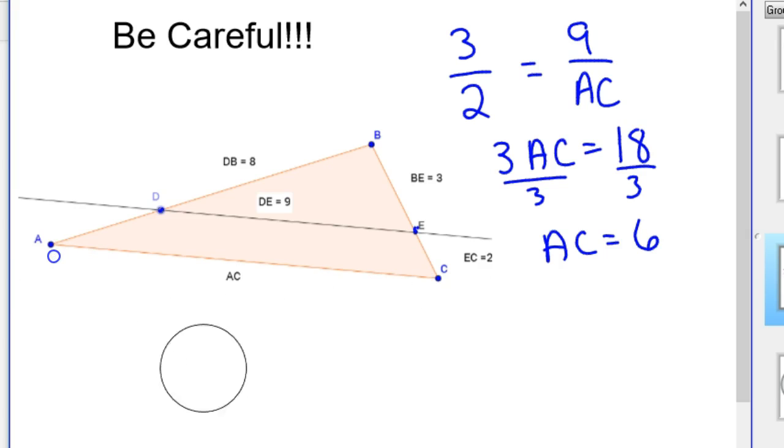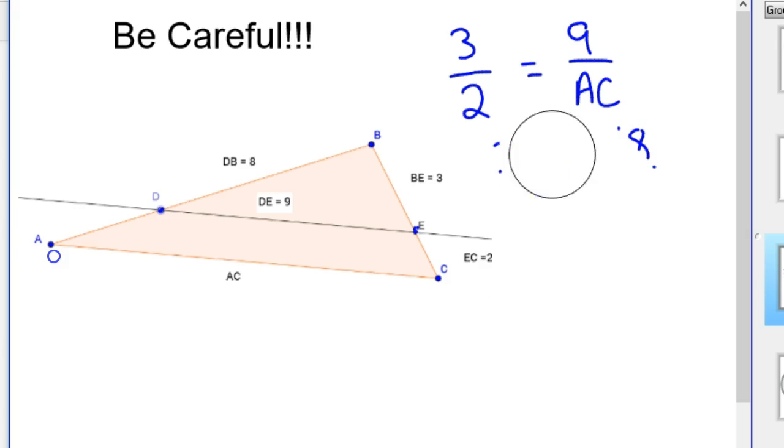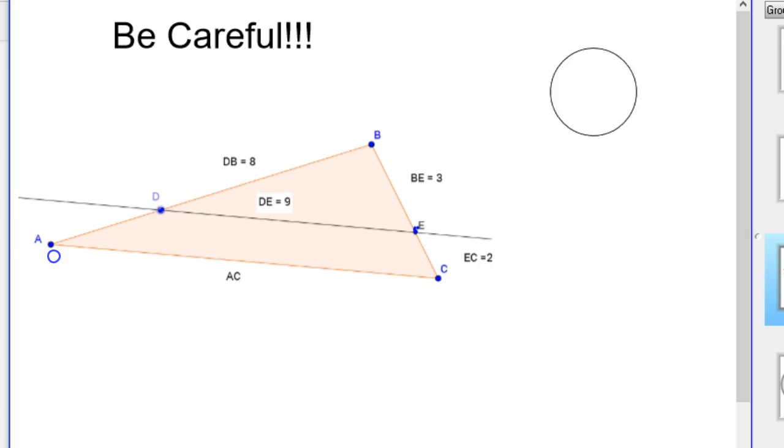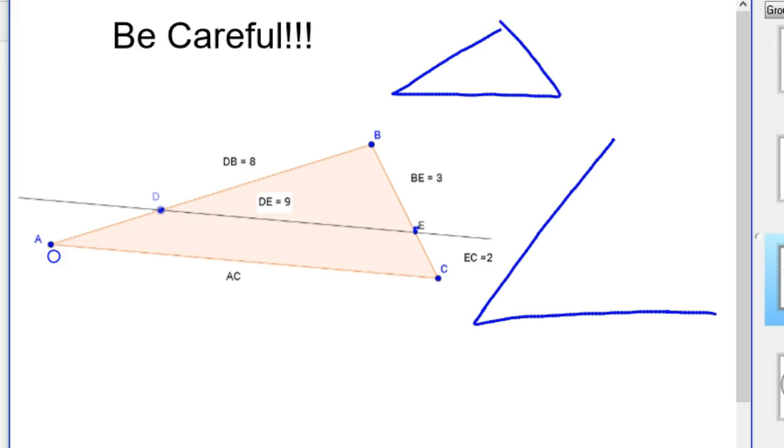When side splitter doesn't work, you've got to go back to similar triangles and draw out the two. So we've got the small triangle on top and the big triangle on the bottom. I even hate using the side splitter theorem just because of that. So this side is 5.